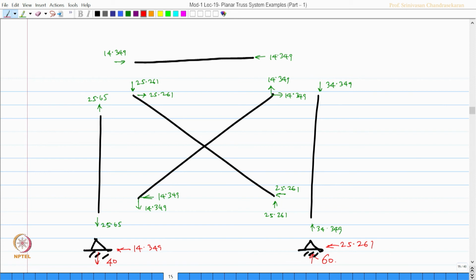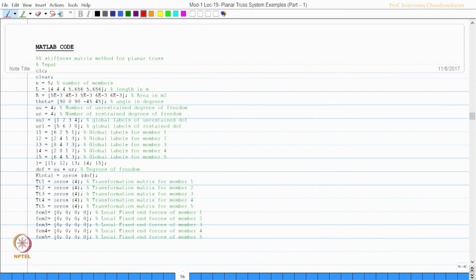Now, in this case, first we will discuss the computer program for this problem. There are 5 members in this problem. We entered the length of each member, we entered the area of cross section of each member, then we entered the values of theta. Please understand, if a member is arbitrarily oriented, this is my xm and this is my ym.